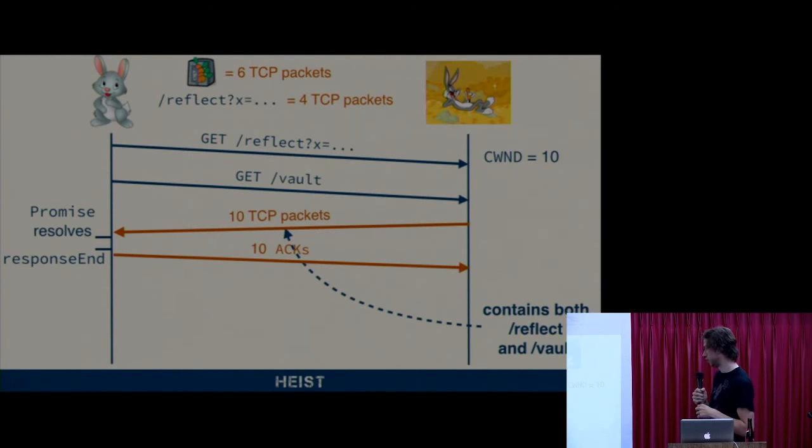So let's look at an example. In this example, the vault of Mr. Sniffles is 6 TCP packets, and a request to another resource is 4 TCP packets.